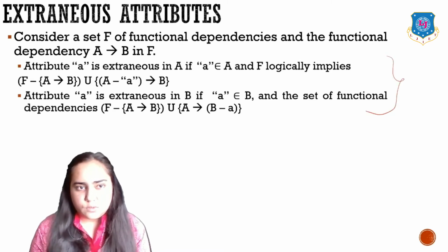These are the two rules. Here you have an attribute. The first rule talks about an extra attribute on the left side.